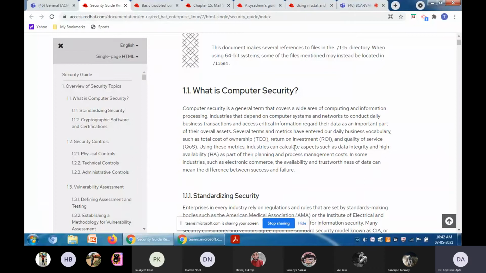Suppose my data center location is quite vulnerable to fires. In that sense, I need to take care of a fire extinguisher.